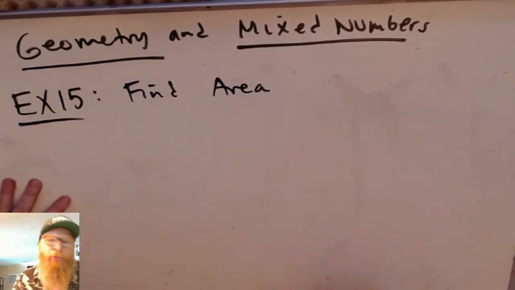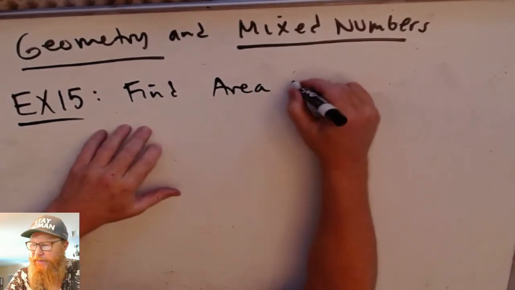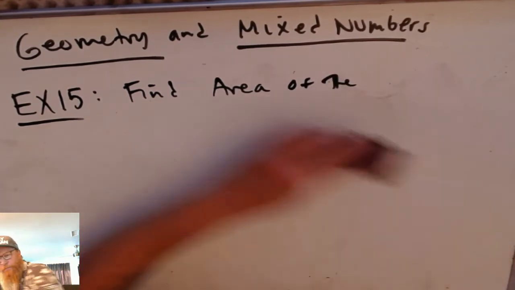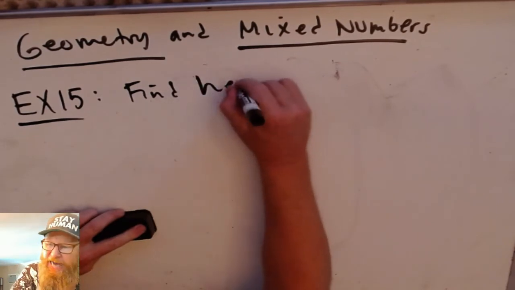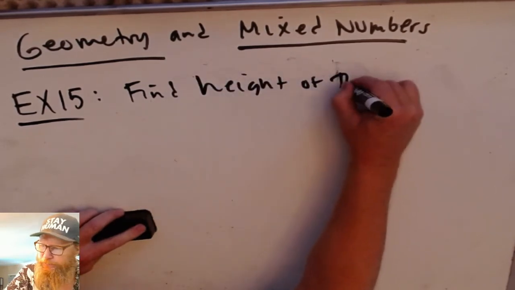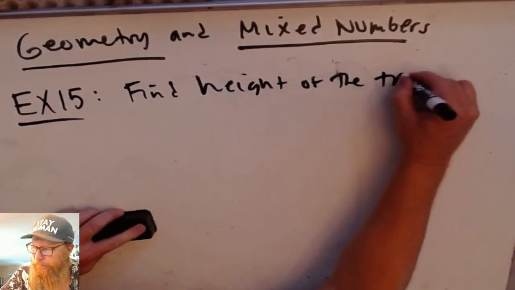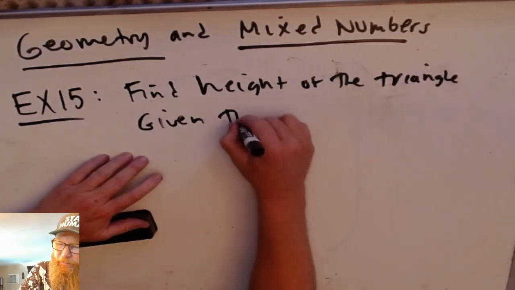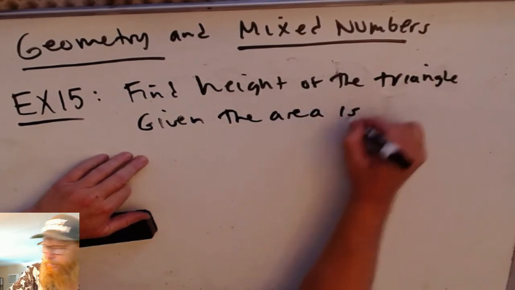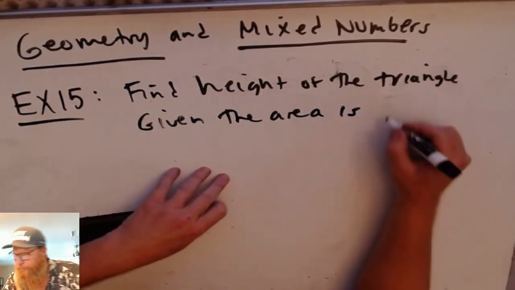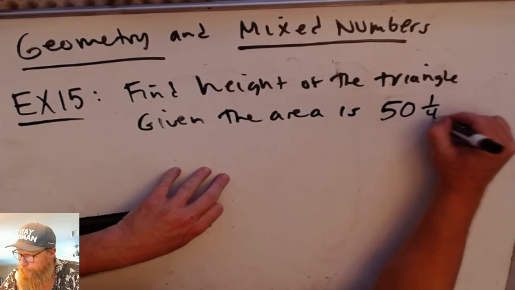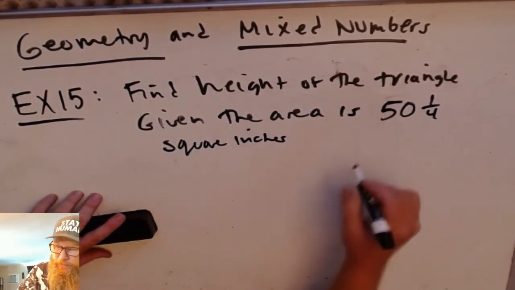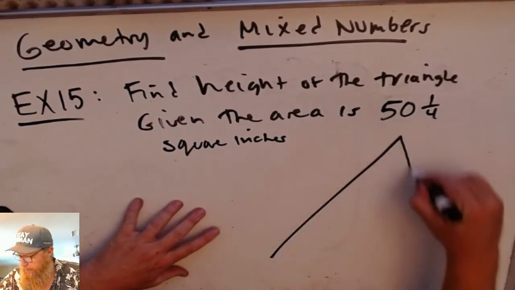All right, let's find area first. We'll do area and perimeter. I'll do one of each. Let's find the area of the triangle. Sorry, we're going to find the height of the triangle, given the area. I read it backwards. So I have a triangle like this.